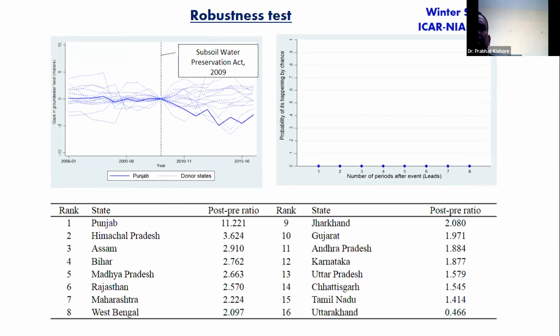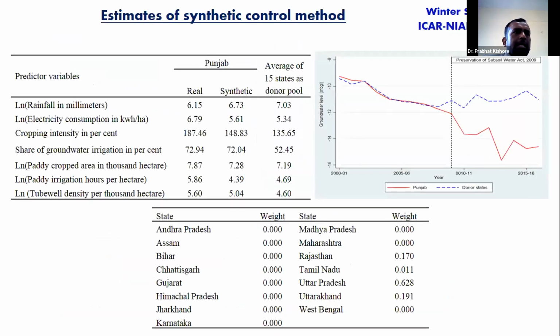One other test which we included here, if you see it in this graph or in the earlier graph also, is the effect post-intervention divided by the pre-intervention effect, so we can find the ratio. Suppose there are large differences, then that ratio will be large.